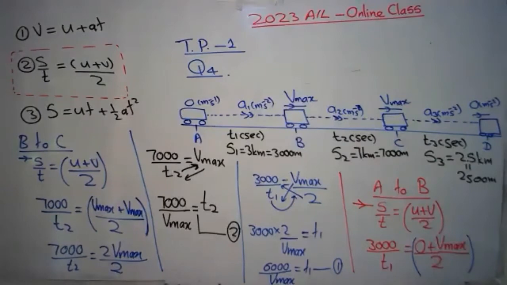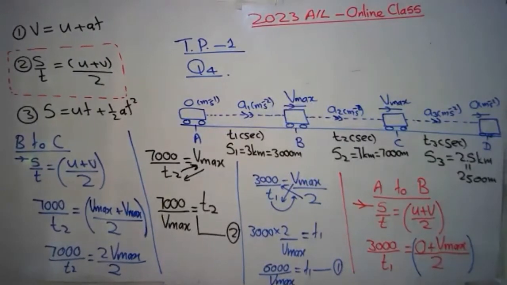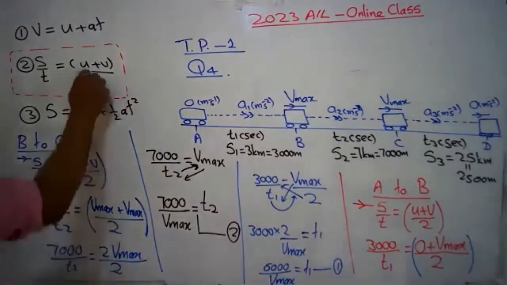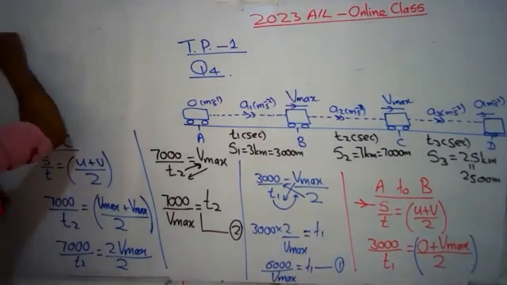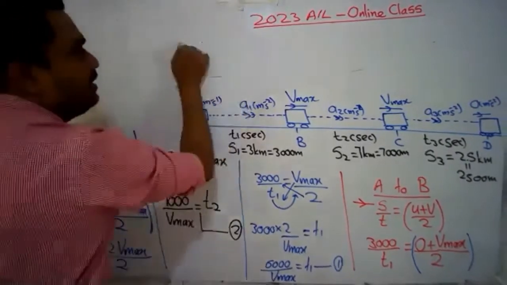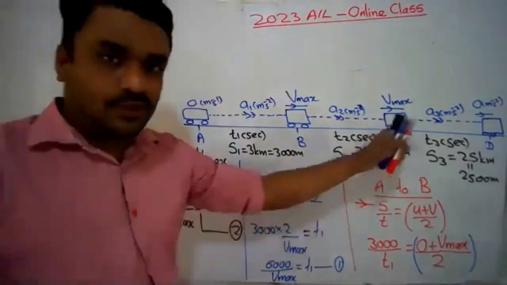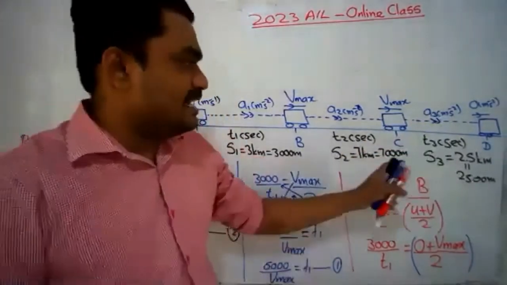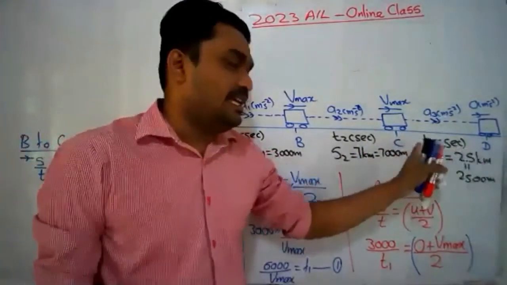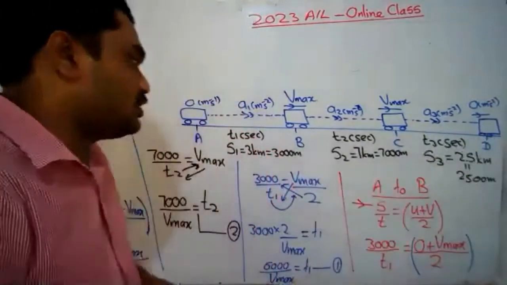Right, I think you have written expressions for both T1 and T2. I'm going to apply the same equation to obtain an expression for T3. To obtain it, I'm going to apply the equation for the C to D section.